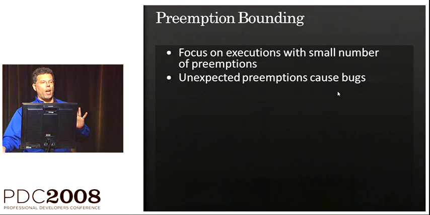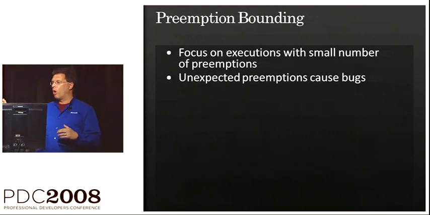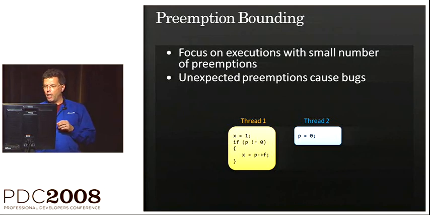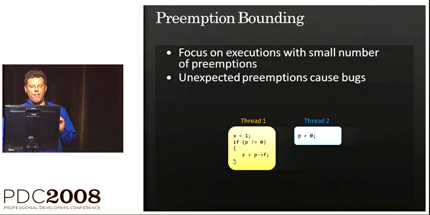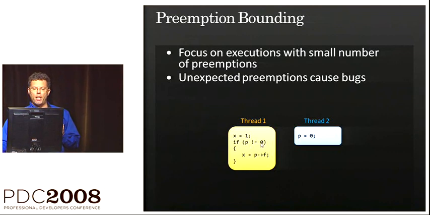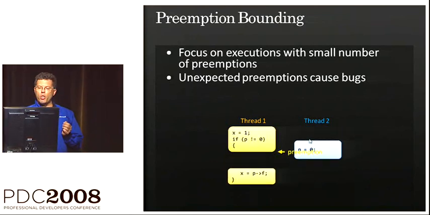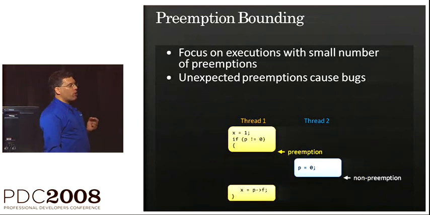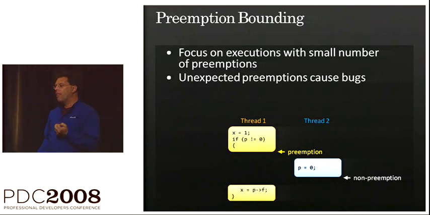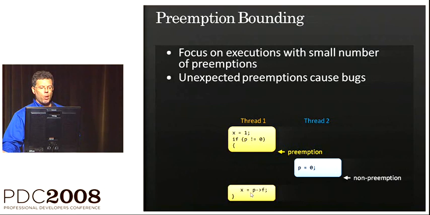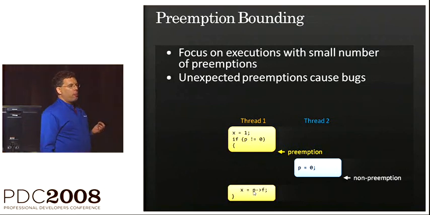So what's a preemption? Okay, a preemption, as I said before, is just an interruption. So we think of code that's running. And here's a classic example. I don't have any locks. And thread 1 is doing a check of a pointer p against null. And the other thread is setting p to null. And if there's a preemption, an interruption of thread 1 after it's determined that p is not null, and then thread 2 comes along and sets p to null, you've got a problem when you dereference p.